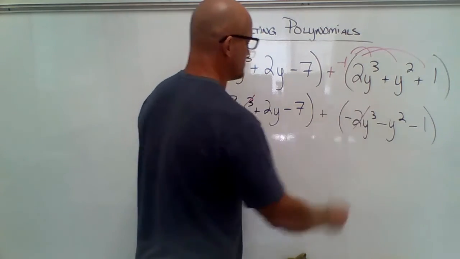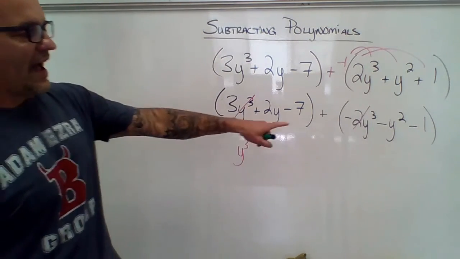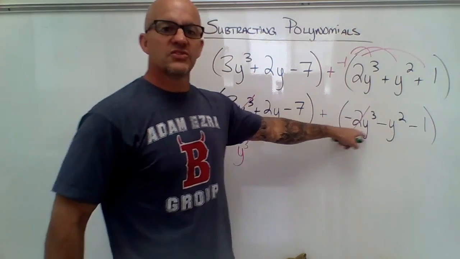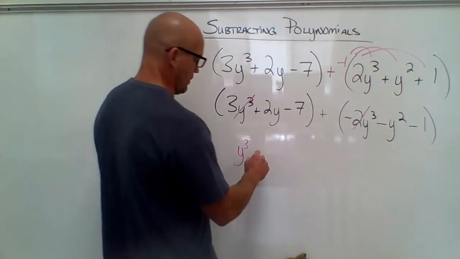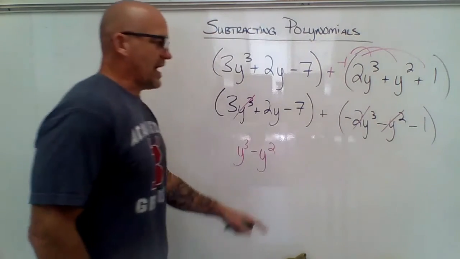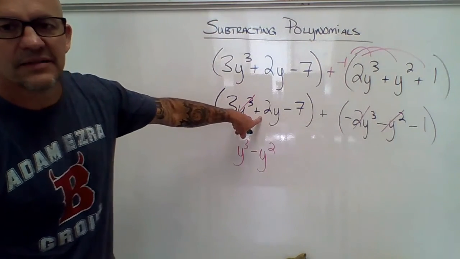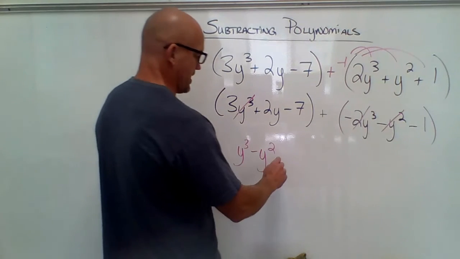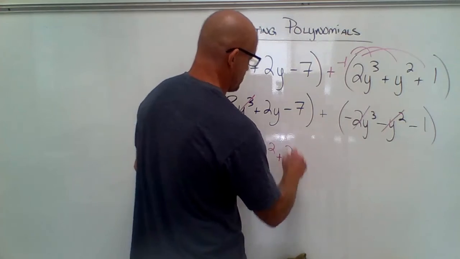When I then work down to my square, I have this guy here, but there's nothing to combine him with. So I just bring him down and he comes along. Then I'm going to have my y, or just my linear term here, this 2y, there's nothing for him to combine with. So he will just come down as positive 2y.